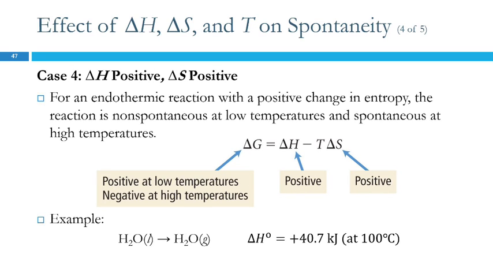And then we've got both of them being positive, and this is going to be the opposite situation. Positive at low temperatures, negative at high temperatures. So here, water going from liquid to a gas, evaporating or boiling, that's going to be spontaneous at high temperature, right?